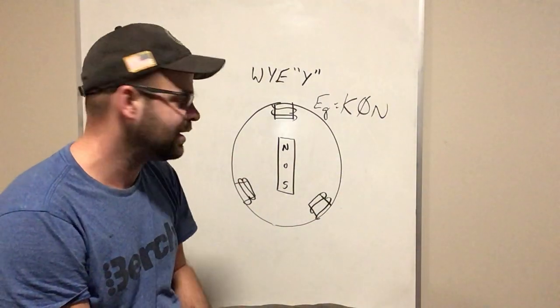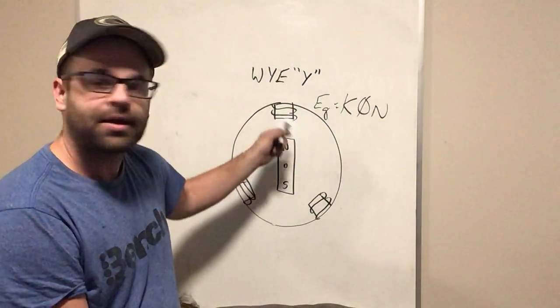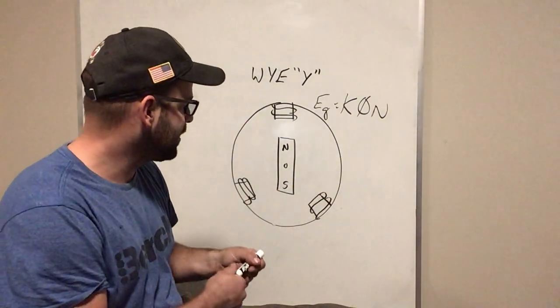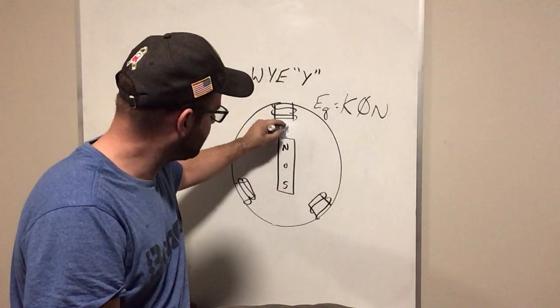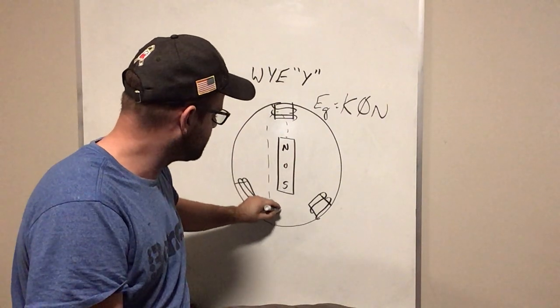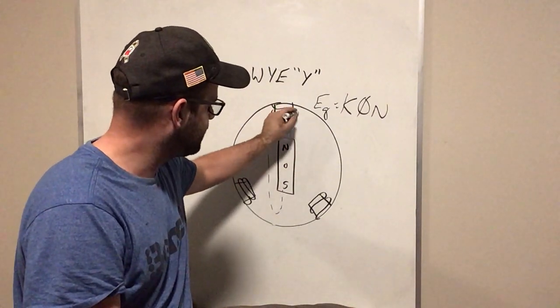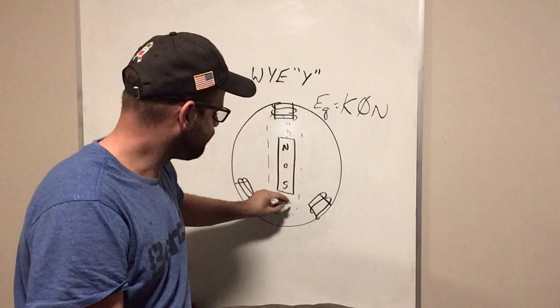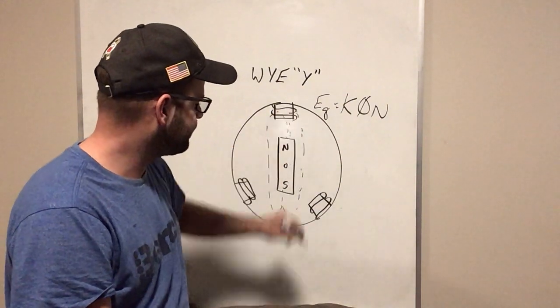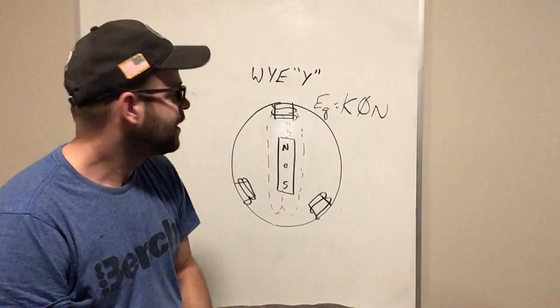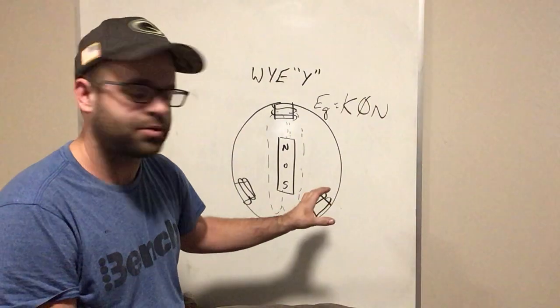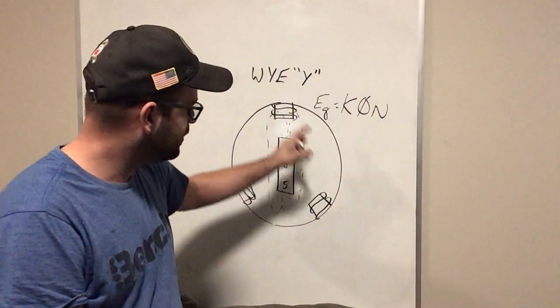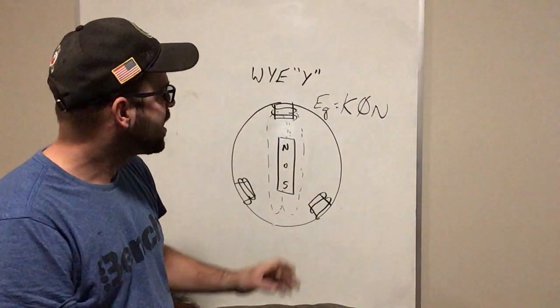So what I need is, obviously I've got conductors. My magnet is going to have a magnetic field that's produced on the outside of that magnet, and I need relative motion or speed. So I need that magnet spinning round and round.